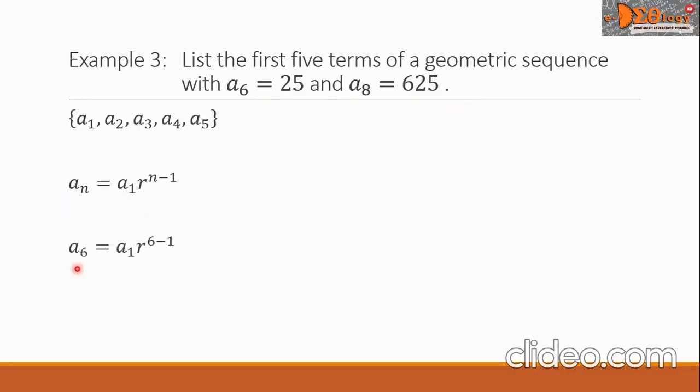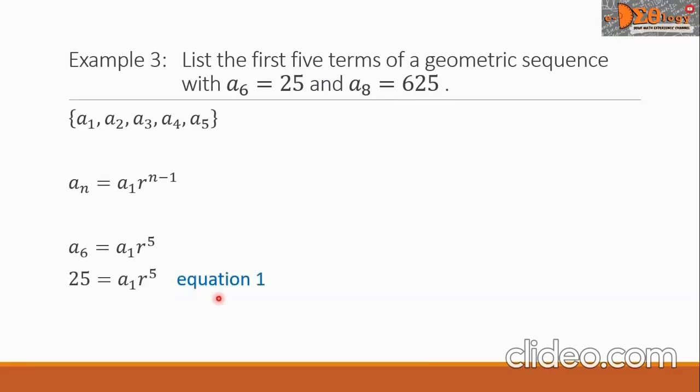So we have a sub 6 equals a sub 1 times r raised to 6 minus 1. So 6 minus 1 is 5. And then let us substitute this value a sub 6 as 25. So we have now 25 equals a sub 1 times r raised to 5. Let us regard this as our equation 1.